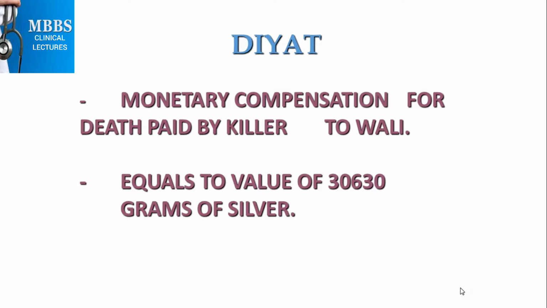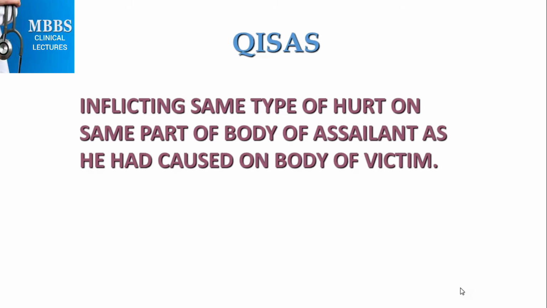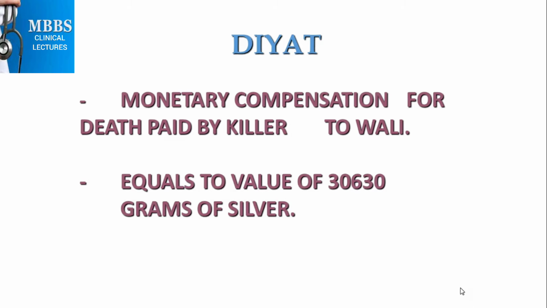30,630 grams of silver. So qisas can also be claimed for injuries. Qisas can also be claimed for the death of the person. Similarly, for the death of the person, the court may decide that monetary compensation may be paid, or the wali may allow the transformation of the qisas to the diyat.